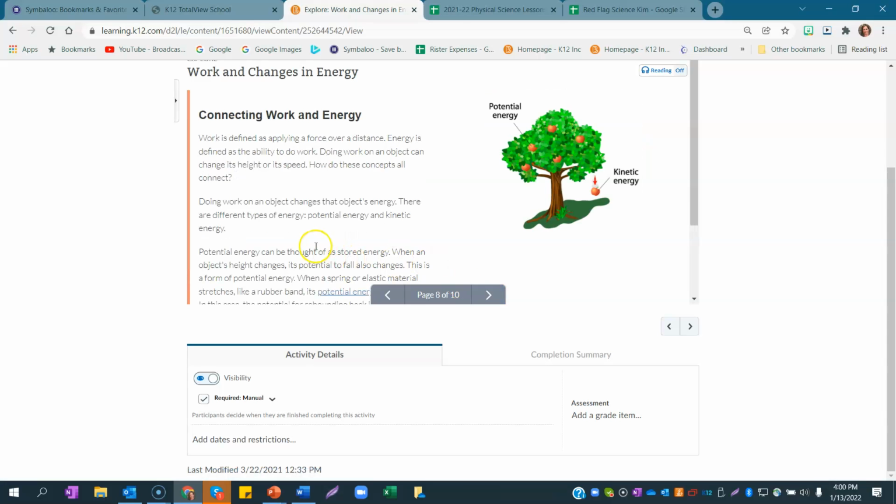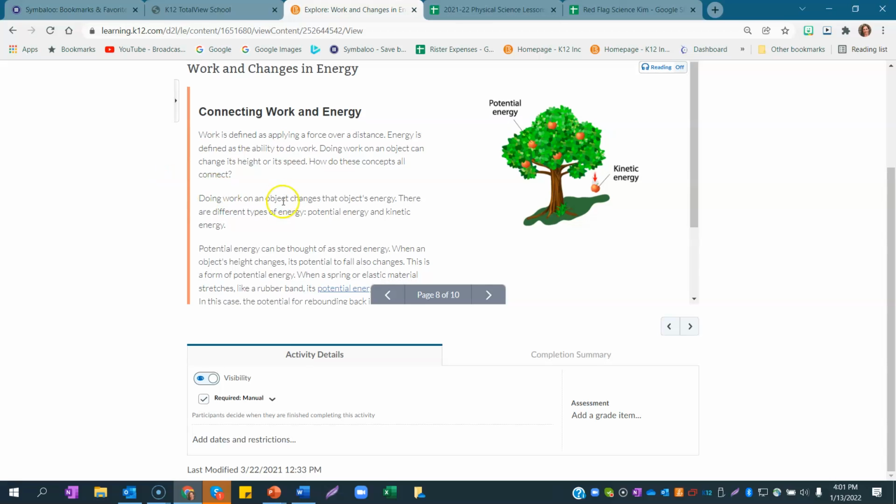All right, connecting work and energy together. Work is defined as applying a force over a distance. Energy is defined as the ability to do work. Doing work on an object can change its height or its speed. So how do these concepts connect? Doing work on an object changes the object's energy. There are different types of energy: potential energy and kinetic energy.